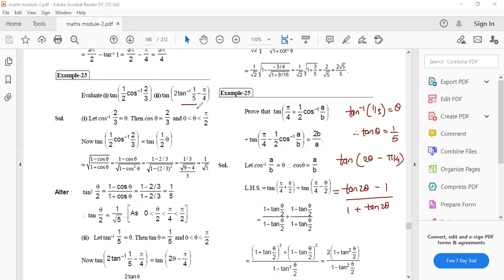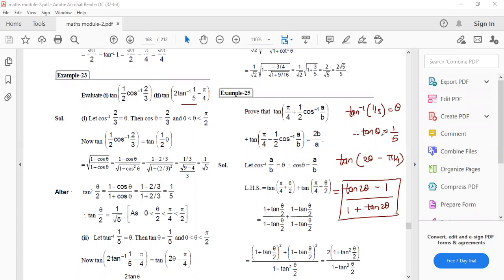Now to find the answer for this question, which value do you really need here? You need tan 2 theta. If you get the value of tan 2 theta, will you get to the answer? Yes, you will get to the answer.